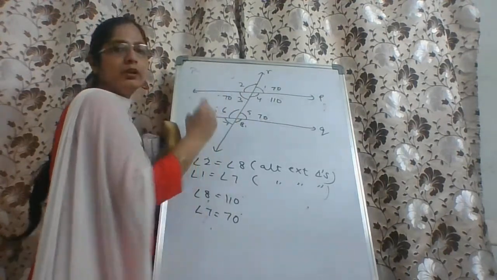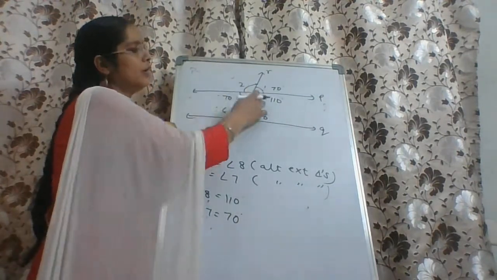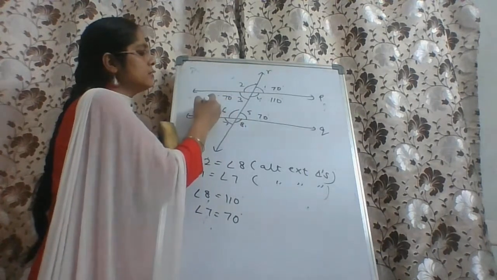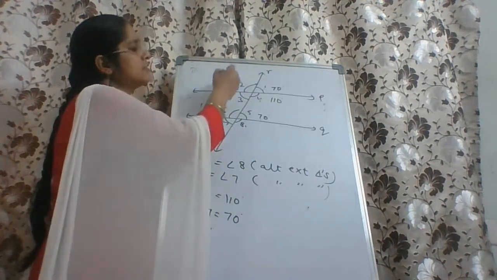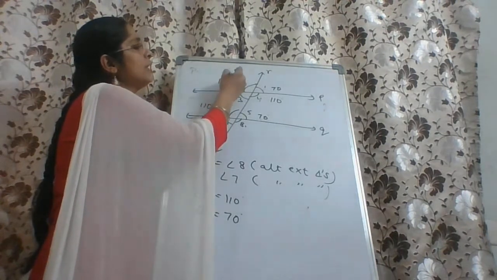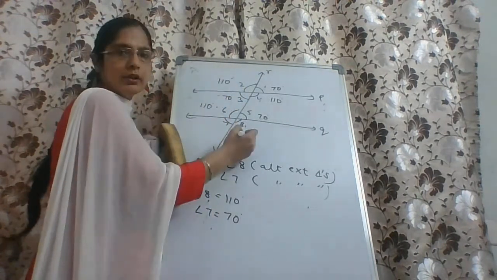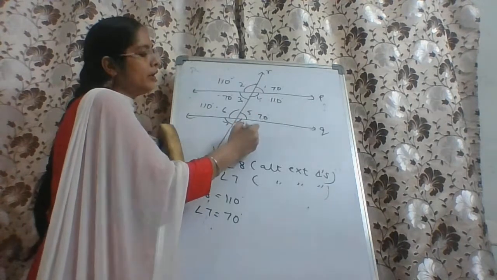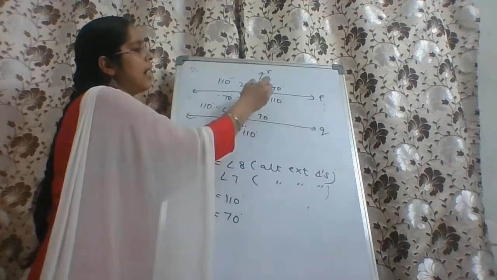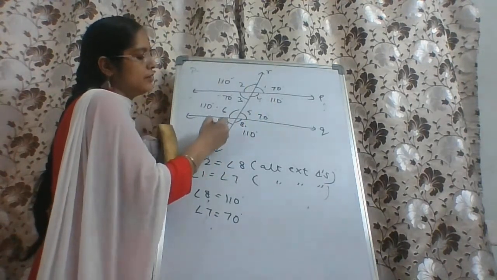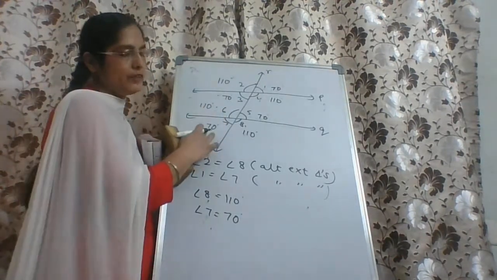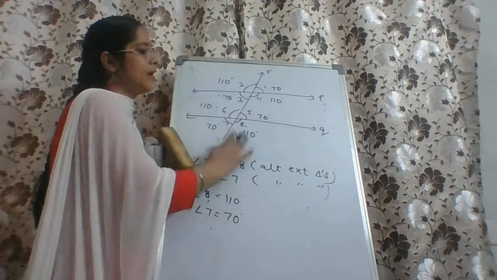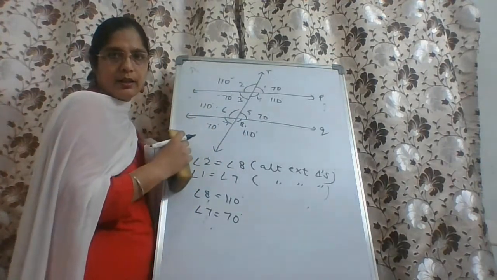Angle 4 is equal to angle 6, alternate interior angles, so angle 6 is also 110 degrees. Angle 6 is equal to angle 2, corresponding angles. Angle 2 is equal to angle 8, alternate exterior angles. Angle 1 is equal to angle 7, alternate exterior angles, that is 70 degrees. Thus we get the value of all the 8 angles here.